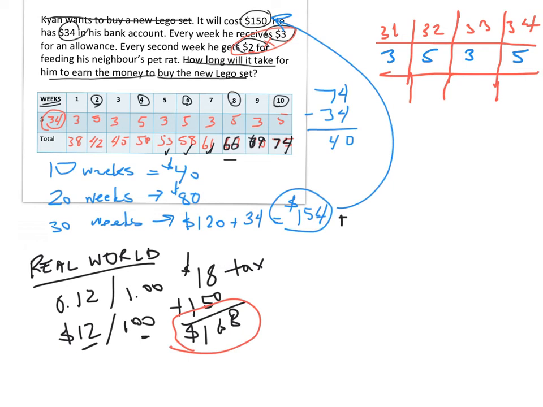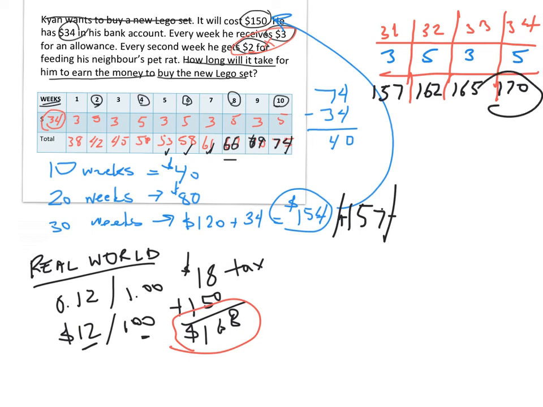So now I've got 157 after 31 weeks. I'll have 162 after 32 weeks. I'll have 165 after 33 weeks. And I'll have 170 after 34 weeks.